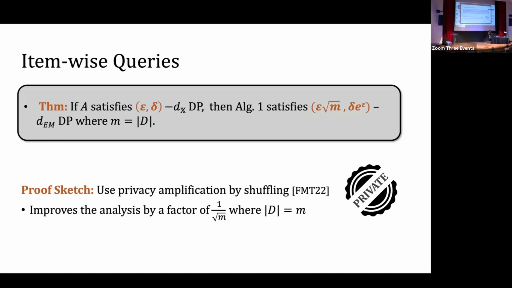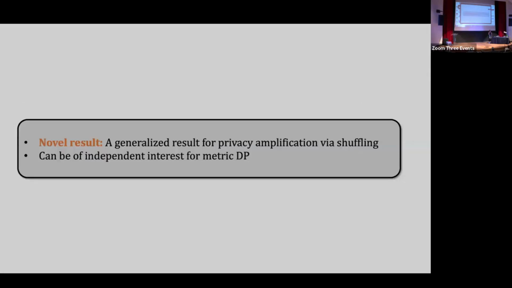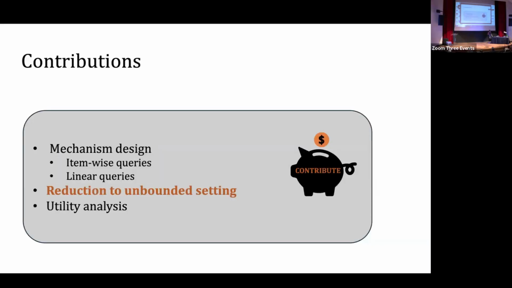It says that after collecting the noisy responses from individual users, if we shuffle them, then we can do a tighter privacy analysis. Specifically, we can reduce the privacy parameter by a factor of 1 by square root n. For our analysis, we are actually able to provide a more generalized version of this privacy amplification by shuffling result, and we believe this can be of independent interest in the field of metric DP.